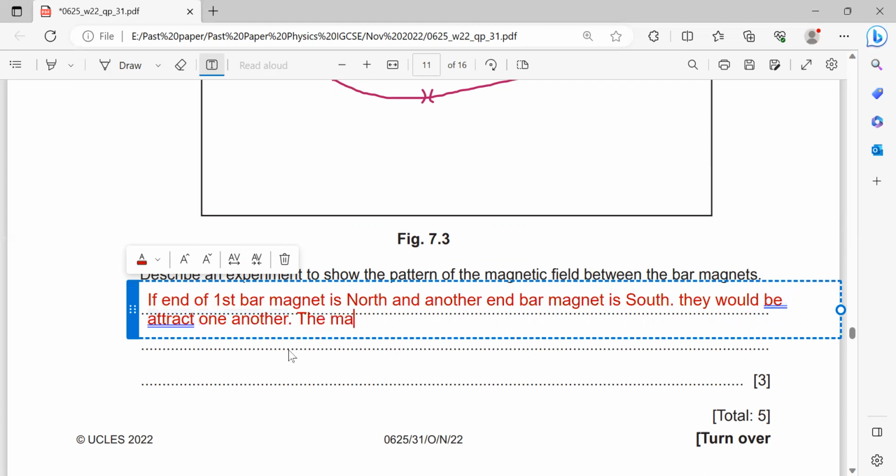That is the magnetic field. The magnetic field will be drawn as attracting each other as well.